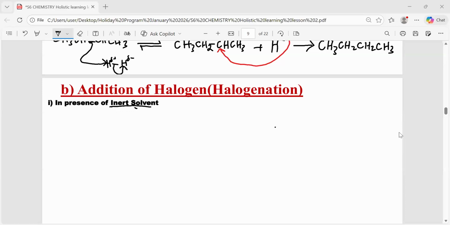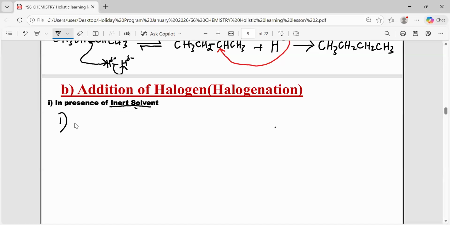Okay, so when alkenes at room temperature are treated with halogens, that is chlorine or bromine, in an inert solvent, for example carbon tetrachloride. I'm going to put a halogen example. Which halogen can we use? Okay, let's use chlorine in the presence of the inert solvent, carbon tetrachloride.